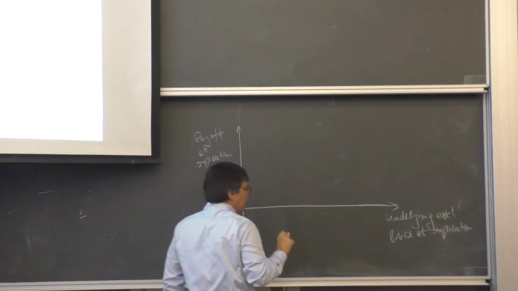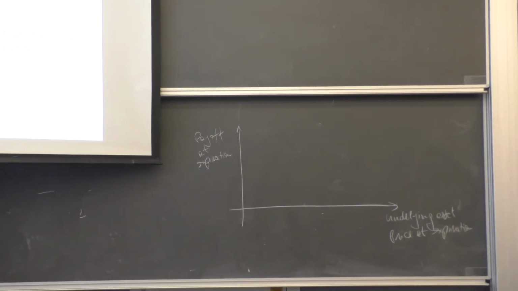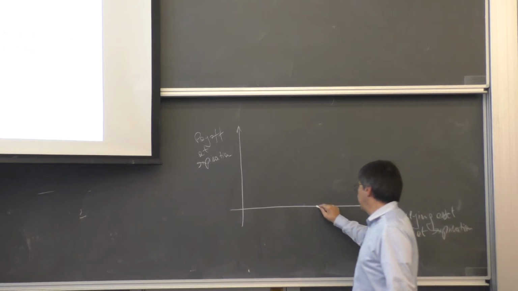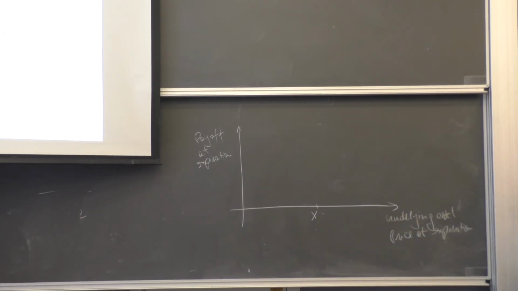Now, let me try to explain what I mean by payoff. Before I do that, let me put the strike price on the underlying asset price at expiration axis. All right? So now let's ask ourselves, what would happen at expiration if you observe different underlying asset prices?